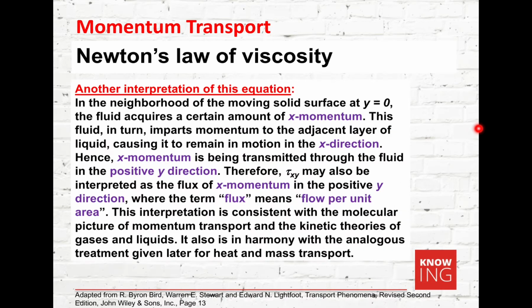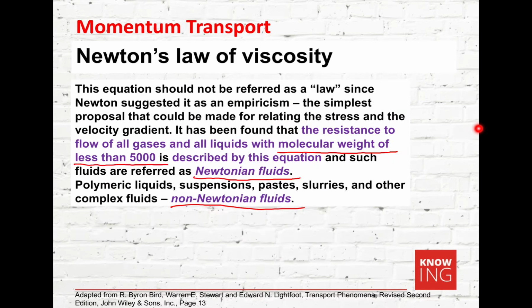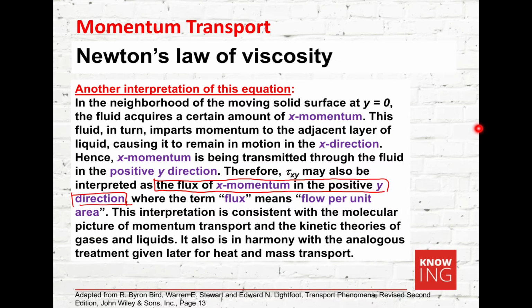The other one that I showed you before is that there is a flux of x momentum in the positive y direction, and that is consistent with my definitions here. So x is the direction of your velocity or momentum, and y is the direction of your momentum transfer. So it's very important to note this, otherwise you will get confused.